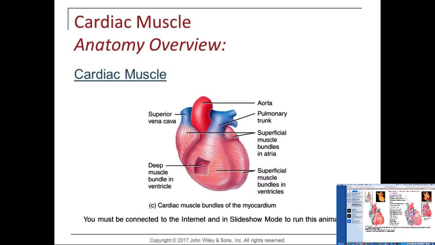So here's the tricuspid valve, the aortic semilunar, bicuspid or mitral valve, pulmonary semilunar, the myocardium, there's the arch of the aorta, left common carotid, superior vena cava, pulmonary trunk, left pulmonary artery, left pulmonary veins, right pulmonary artery, right pulmonary veins, right atrium, right ventricle, left atrium, left ventricle, the IVC, and the coronary arteries. Okay, there's a left and a right coronary artery.